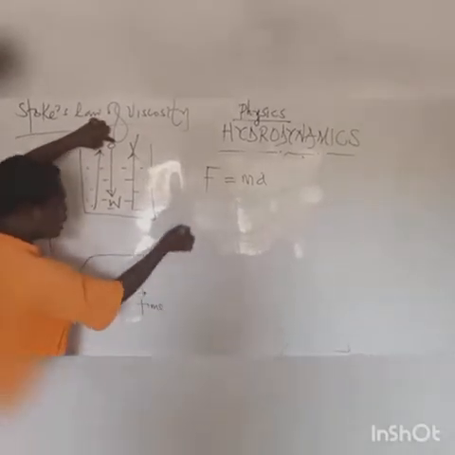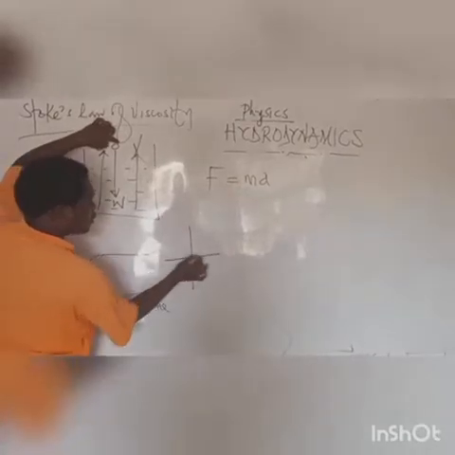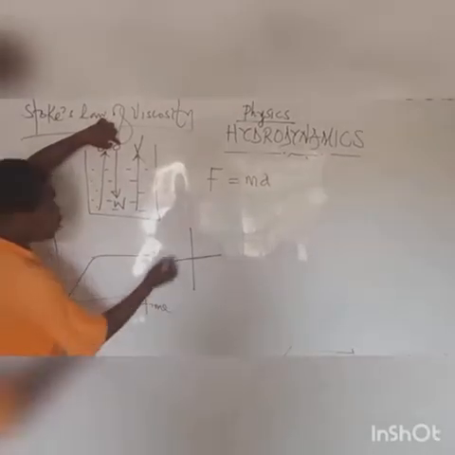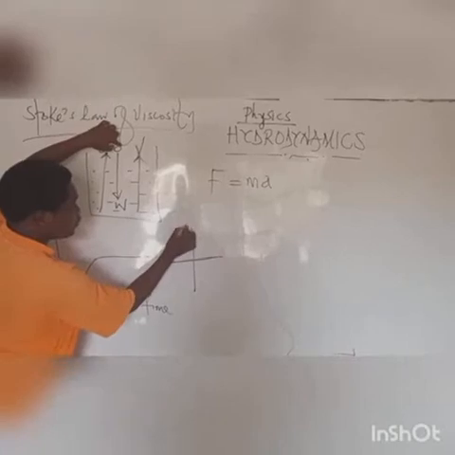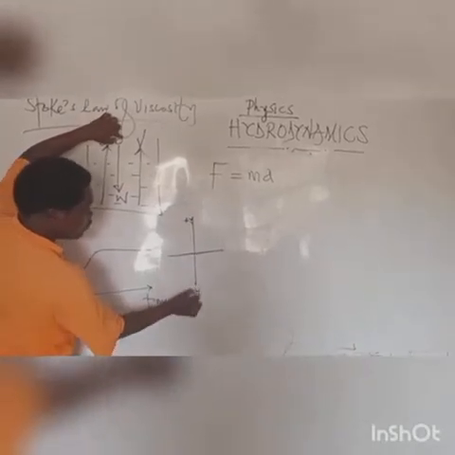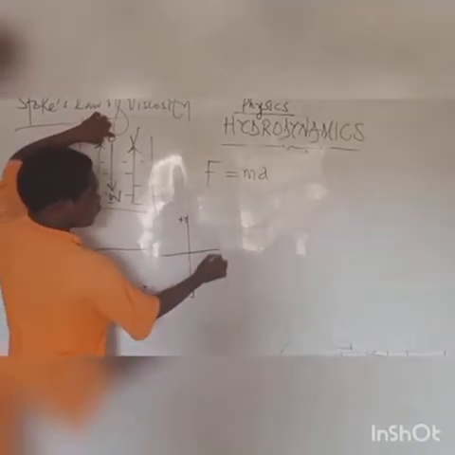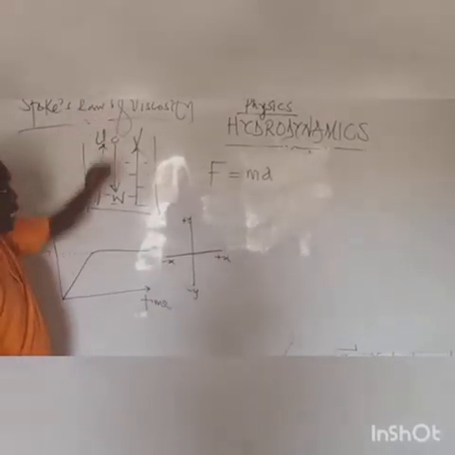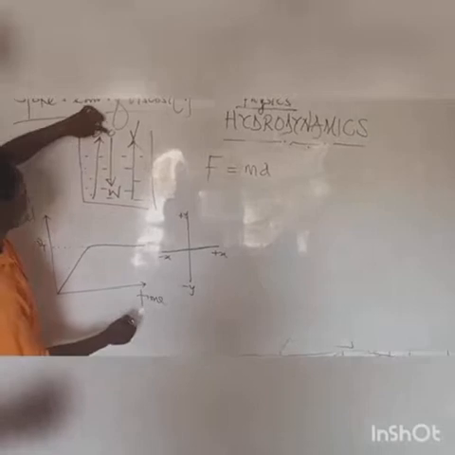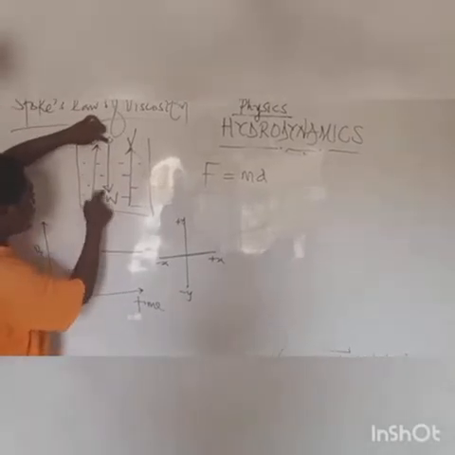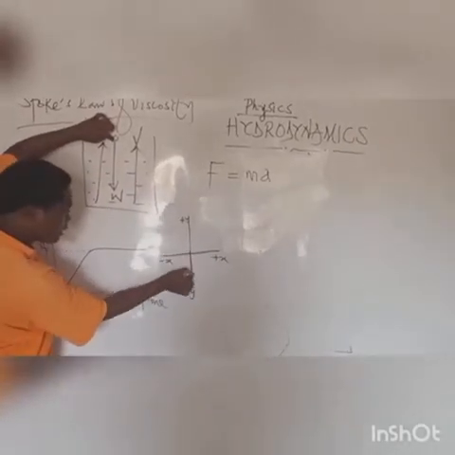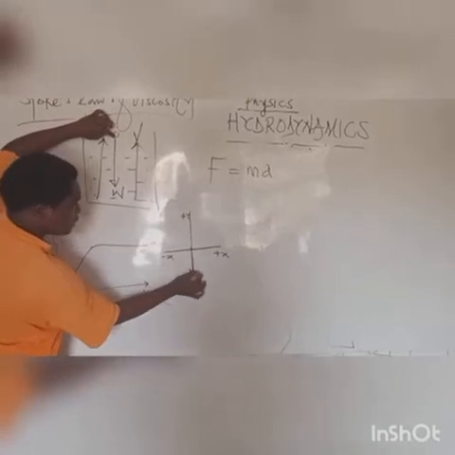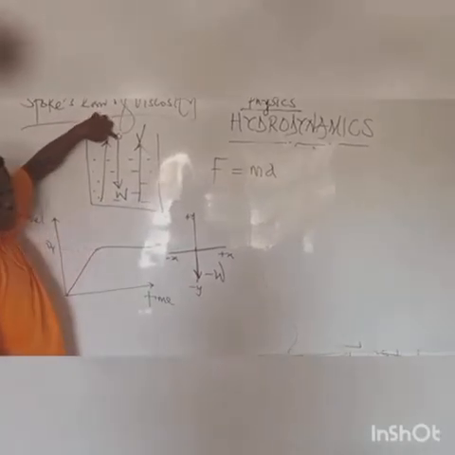Now, taking the coordinates into consideration, this is the positive y axis, and this is the negative y axis. This is the positive x axis, and this is the negative x axis. The weight is acting downward, in the negative y direction.